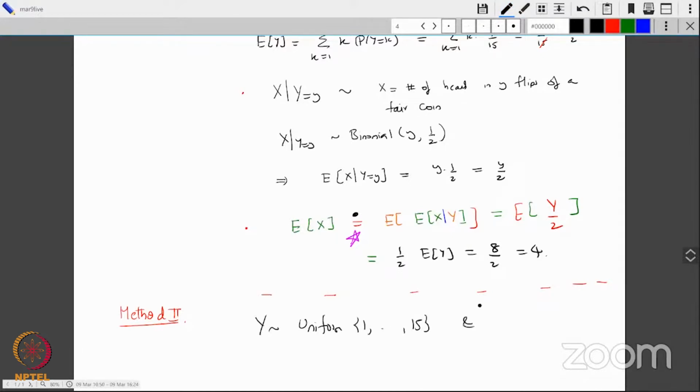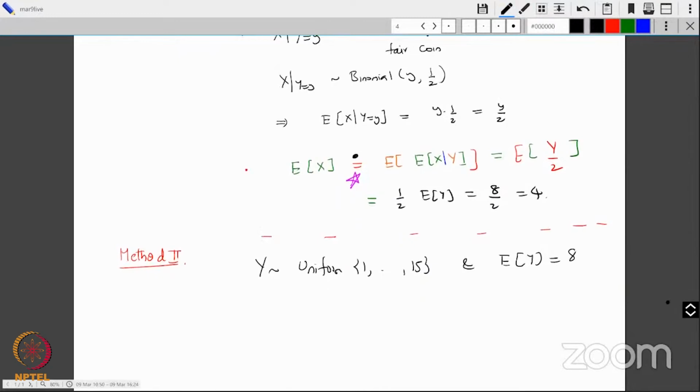The above calculation you can replicate. You know E of Y is 16 by 2, which is just 8. This much you know. Now I also know X given Y equal to y is binomial with parameters y and one half.